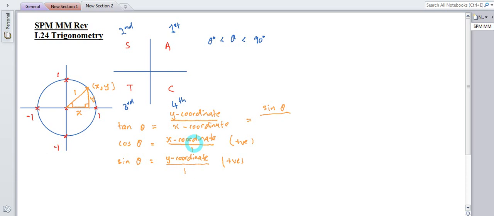What is the x coordinate? Cosine theta. So tangent theta is equal to sine theta divided by cosine theta. This is why you see all positive in the first quadrant.